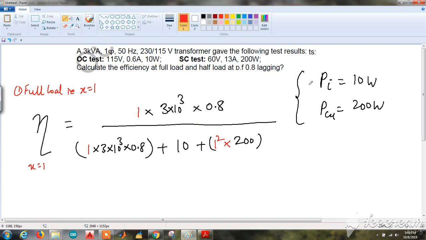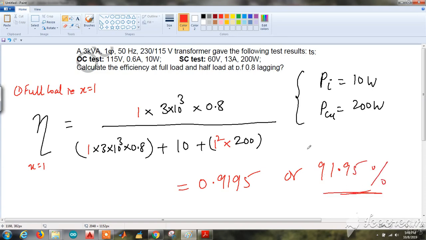And iron loss and copper loss I have substituted. So if we calculate it, we are getting 0.9195, or in percentage I can write 91.95%. Simply multiply this by 100, we'll get our percentage. So the efficiency at full load is 91.95%.